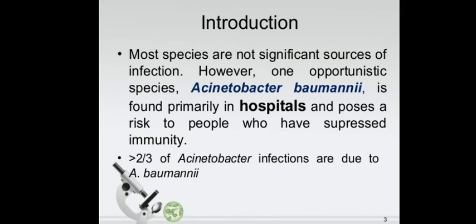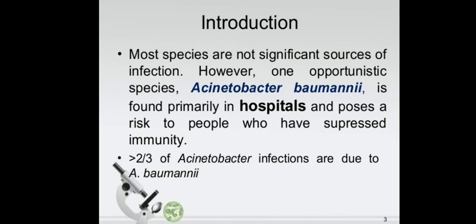The introduction to Acinetobacter. Most species are not a significant source of infection. Generally, not all the species included in Acinetobacter cause infection, but a few species like Acinetobacter baumannii are opportunistic pathogens and are generally found in hospitals.